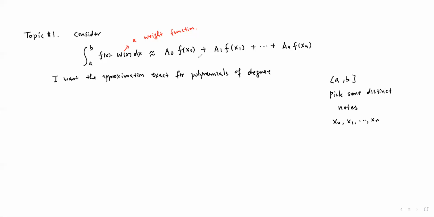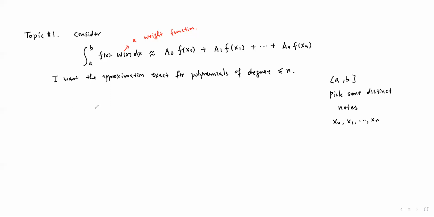How many freedoms do we have? n plus 1 freedoms, right? A0, A1, ..., An. So I want this approximation to be exact for polynomials of degree not greater than n.